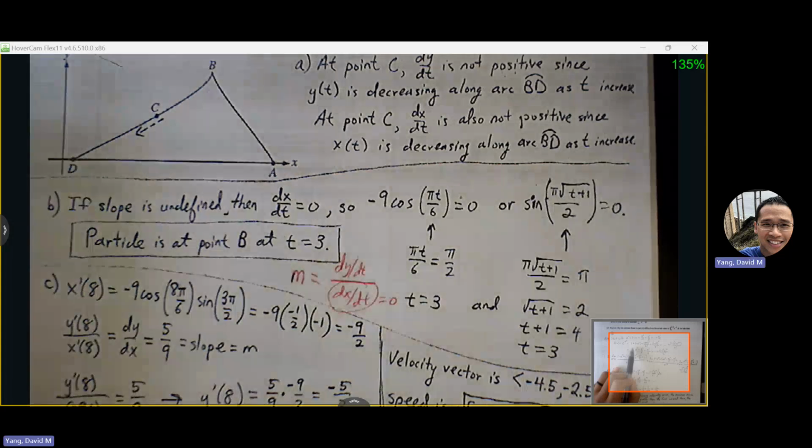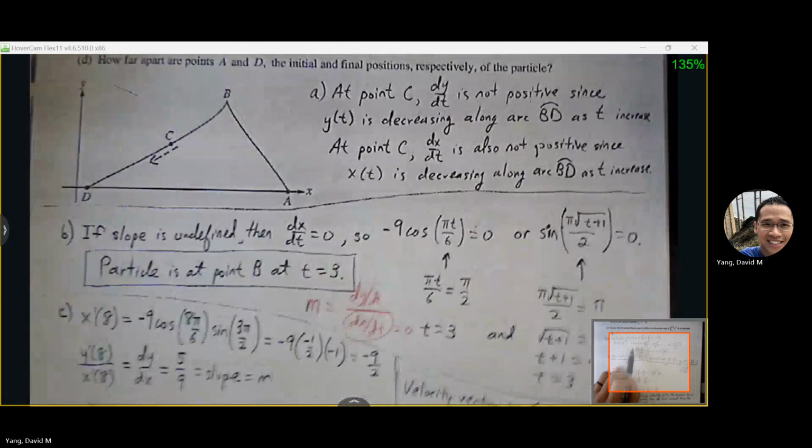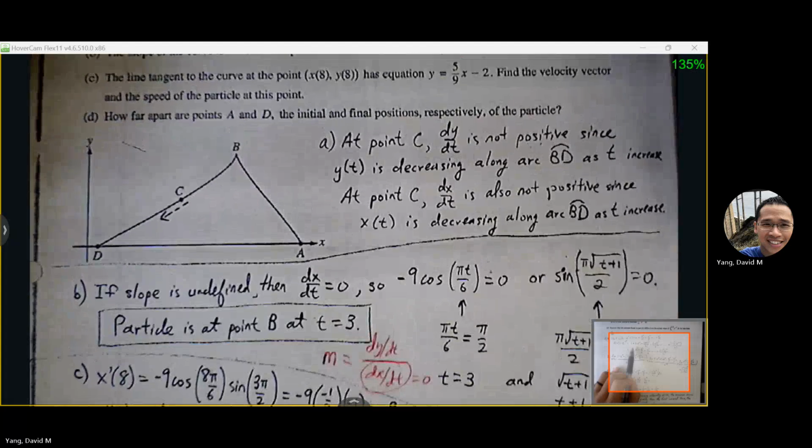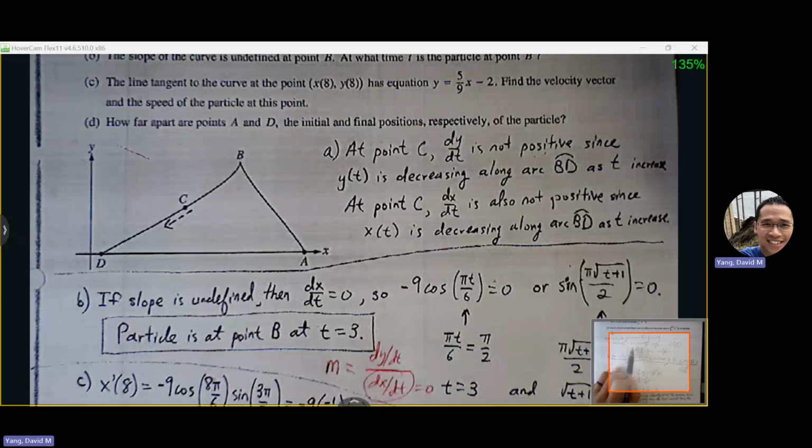Part C. The line tangent to the curve at point x of 8, y of 8 has an equation of y equals 5/9 x minus 2. Find the velocity vector. We know velocity is related to our slope. So I can set my derivative components equal to my dy dx.